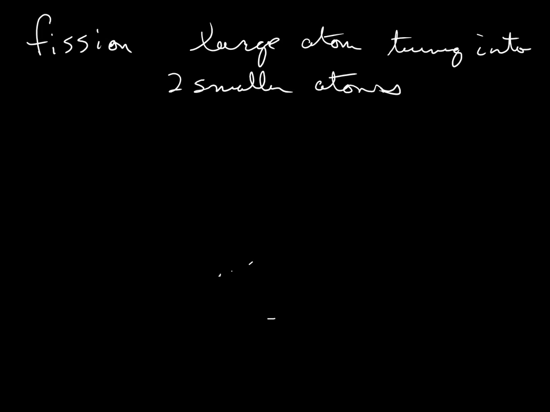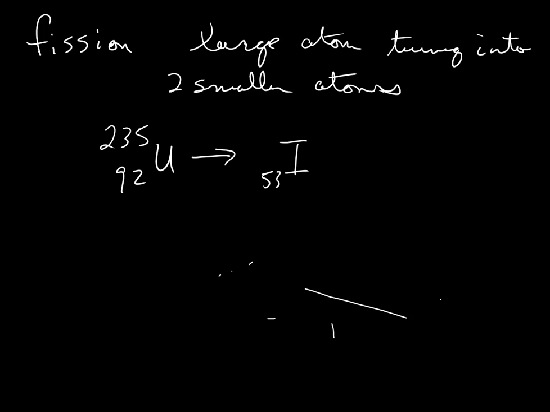Okay, so if I have uranium-235, one of the things they kept asking on that Chernobyl show was, do you have any iodine tablets? Because one of the things you get out of that is iodine-127, which is radioactive.